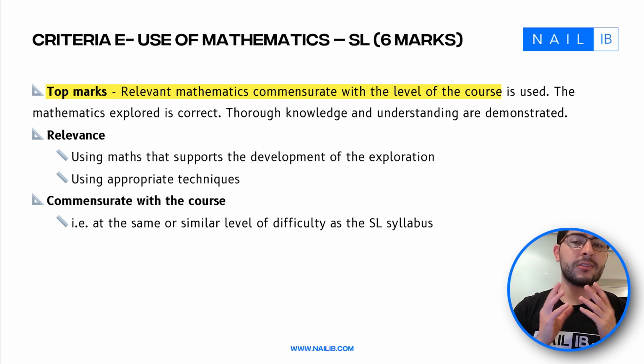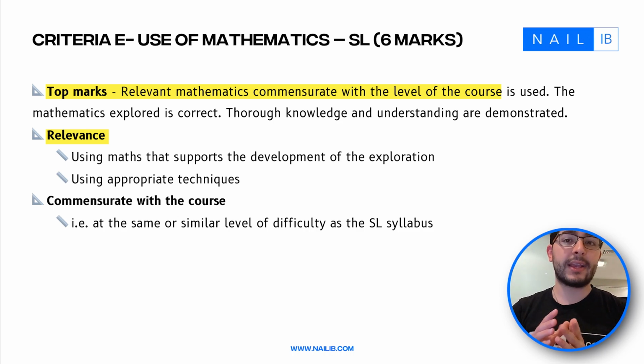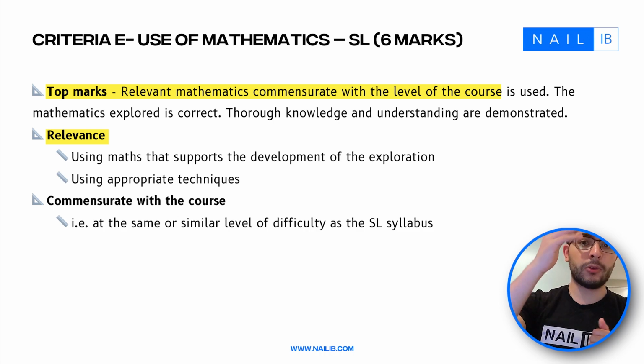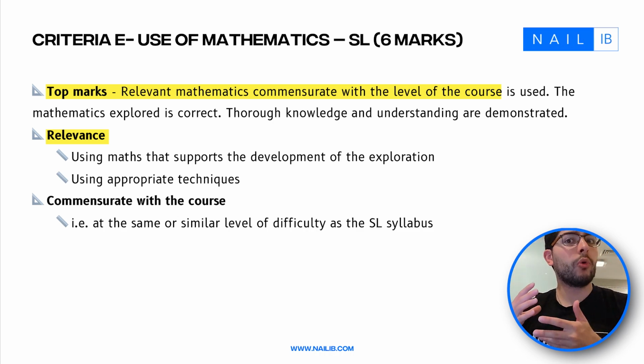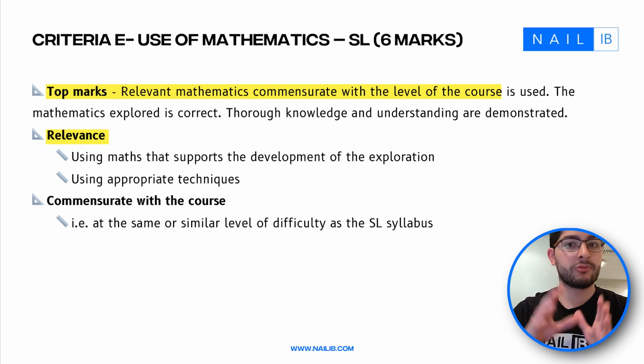The first thing to discuss is relevance. This is similar to what I was saying in the presentation criteria, where all the maths you use directly contributes to the development of your exploration, directly helping you achieve that aim. That is why it's important at the start of your IA to have a little plan section as part of the structure.